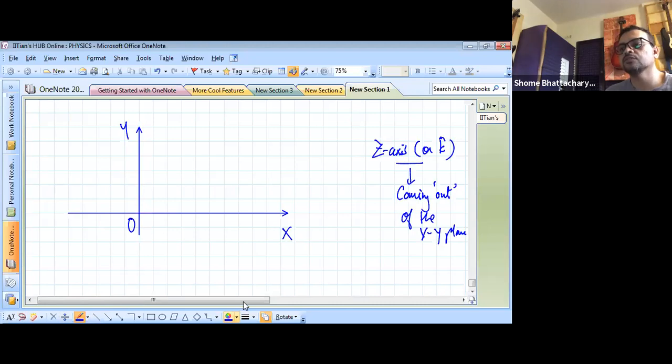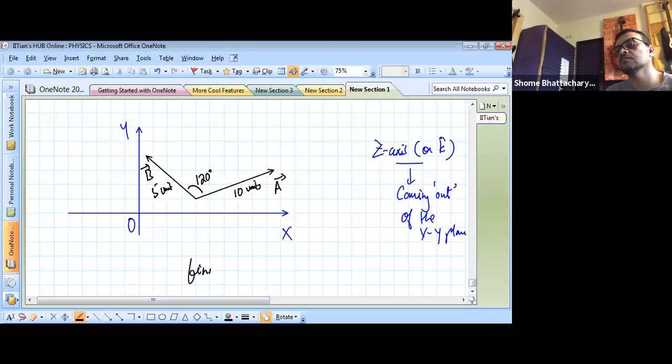So in that situation now, suppose my vectors E and B are drawn like this. E is of magnitude 10 units, B is of magnitude 5 units, and the angle between them is 120 degrees.